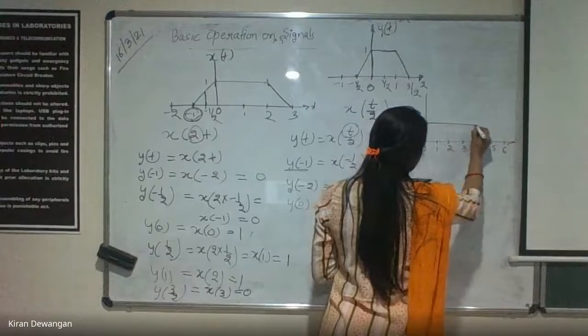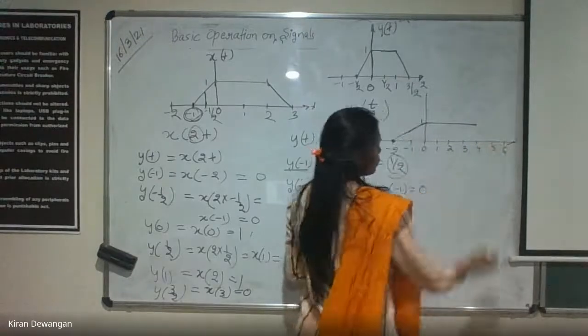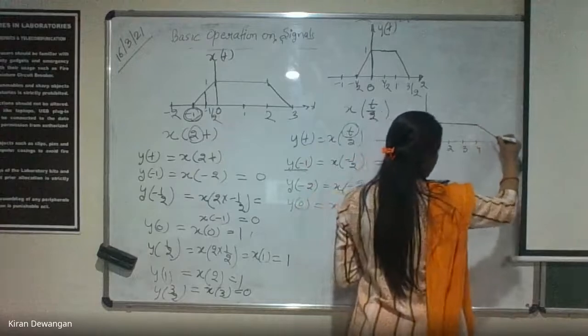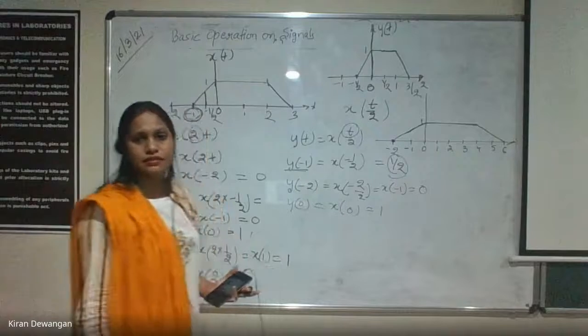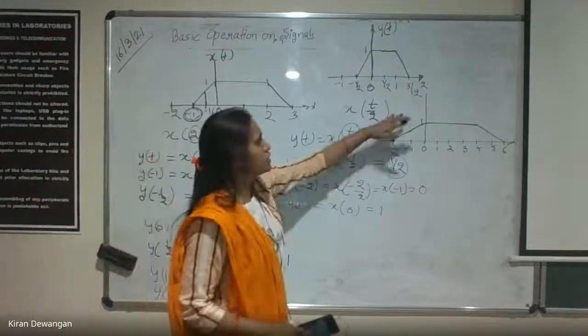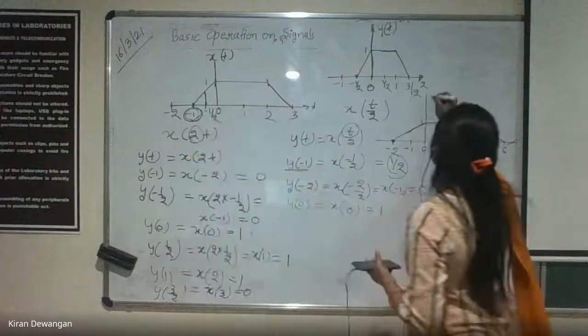So this will be constantly 1 till 4 and it will reduce to 0 from 4 to 6. This is how the signal is going to be x of t by 2.